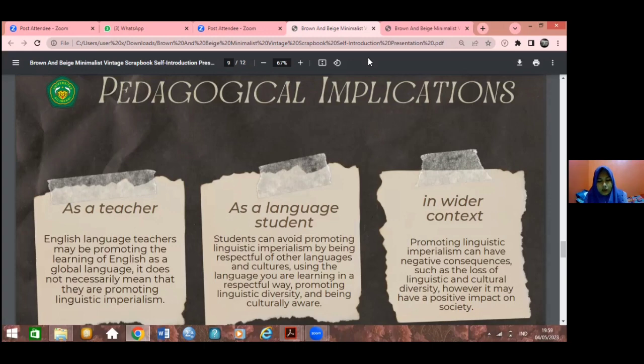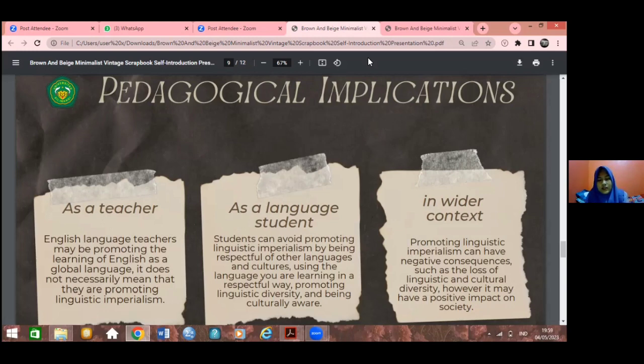It means that we may be learning English or any other dominant global language. However, learning a global language doesn't necessarily mean that you are promoting linguistic imperialism. In this case, as a student, we can avoid promoting linguistic imperialism by respecting other languages and cultures, just like as a teacher. And the last one is the wider context.